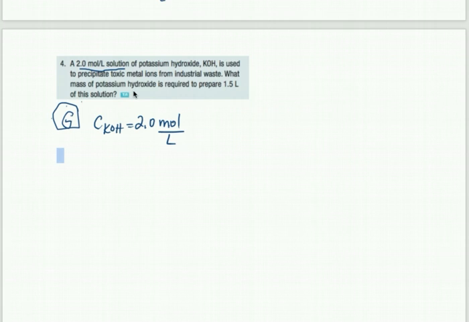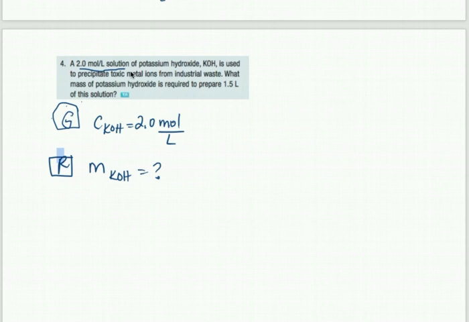So that's why there's advantages of trying to predict what's going to create a precipitate, so that we can grab, say, the metal that we don't want. Okay, we want to make it into a solid, and then we can scoop it out. So it's kind of a neat process here. Okay, so we are trying to find the mass of potassium hydroxide.